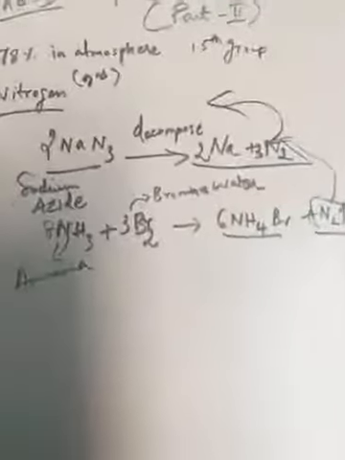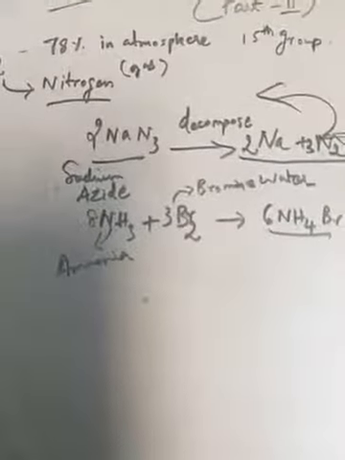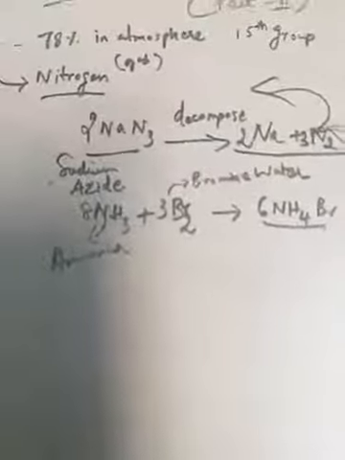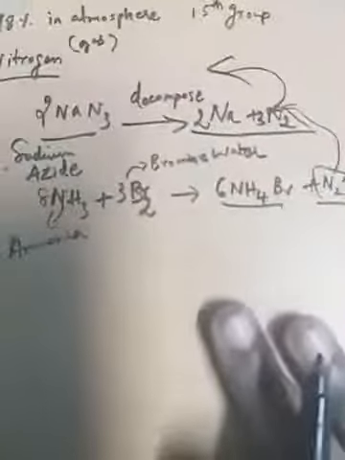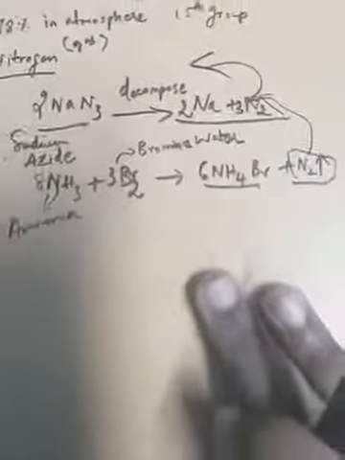So what are the properties of this 15th group element? The triple bonded species is notable for its low reactivity. Nitrogen and carbon monoxide are less reactive because they have triple bonds. Why a triple bond? Every nitrogen has 5 valence electrons, 1, 2, 3, 4, 5.